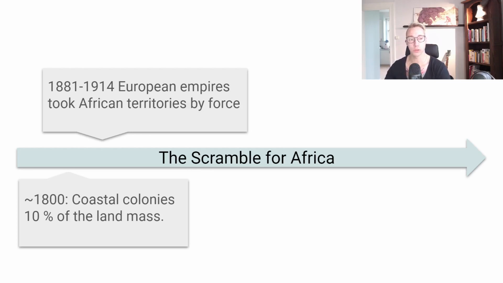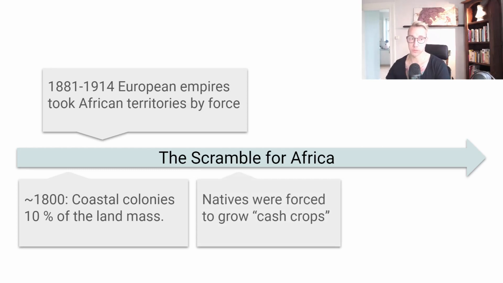And there were all of these different ideas throughout this time, and I'm going to expand a little on this eventually, so please bear with me. And what happened then, if we look at it from an economic perspective, is that the natives who lived in those parts of the world were forced to grow crops that they then sold.